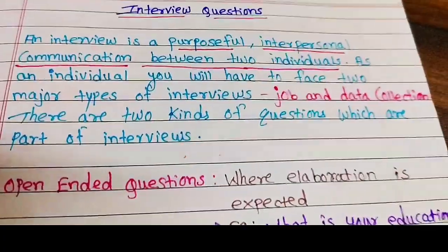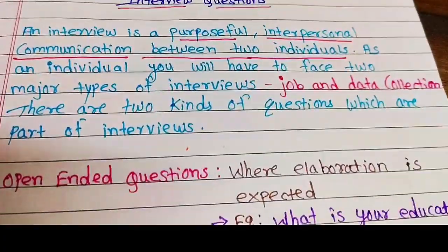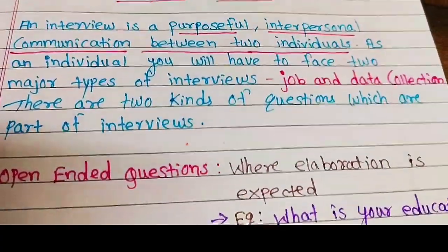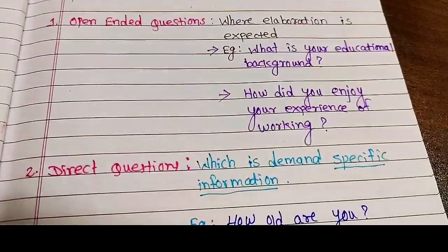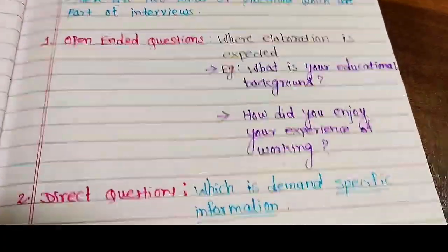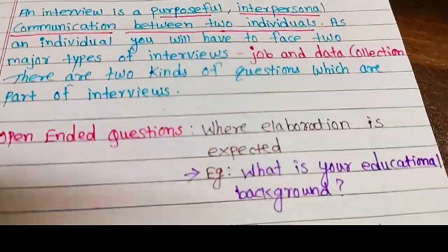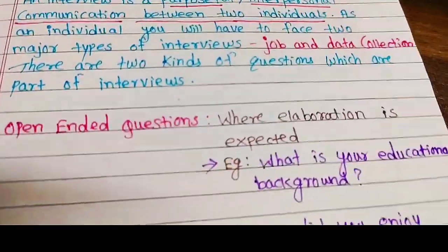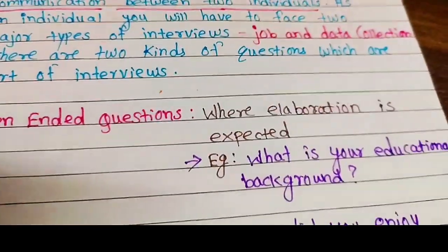According to the interview, there are two kinds of questions which are part of interviews. The first is open-ended question and the second is direct question. मैं तुम्हें समझाता हूँ open-ended questions क्या होता है और direct questions क्या होता है. Now, let me come to the first point, that is open-ended questions. सर open-ended questions क्या होता है?